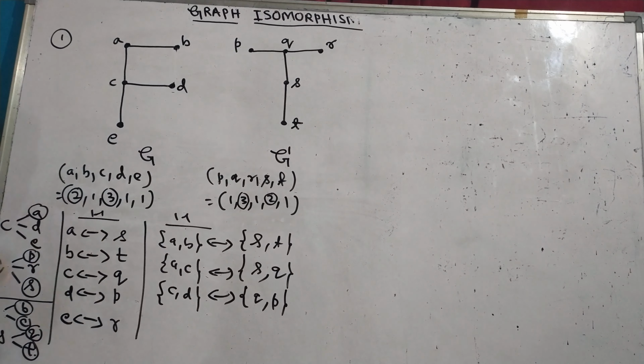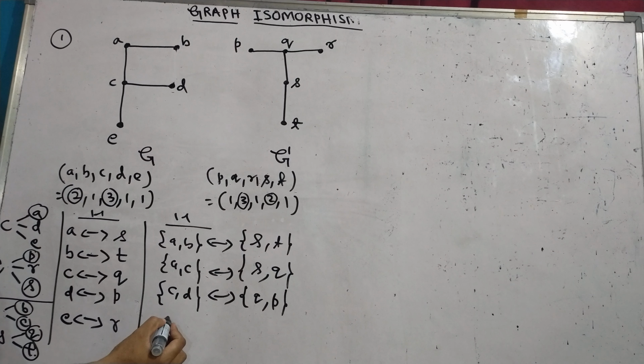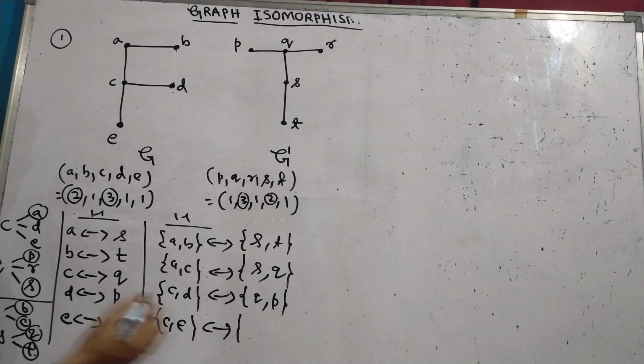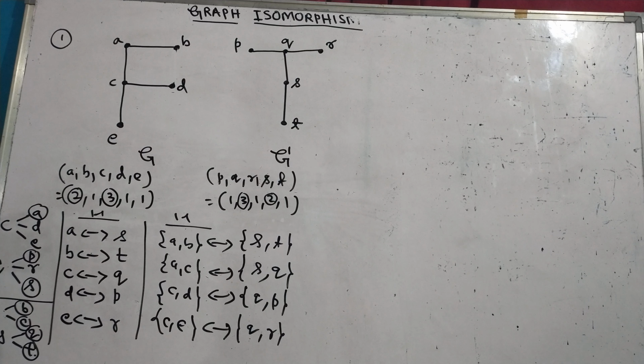Yes, we have. And consider C and E. C maps to Q, and E maps to R. Do we have an edge between Q and R? Yes, we have. So there is a one-one correspondence between the vertices as well as the edges, and we can say that these two graphs are isomorphic.